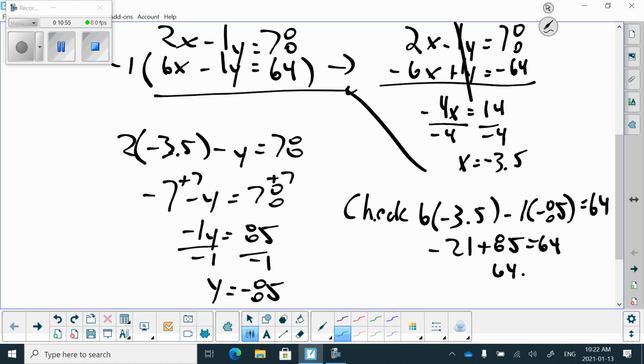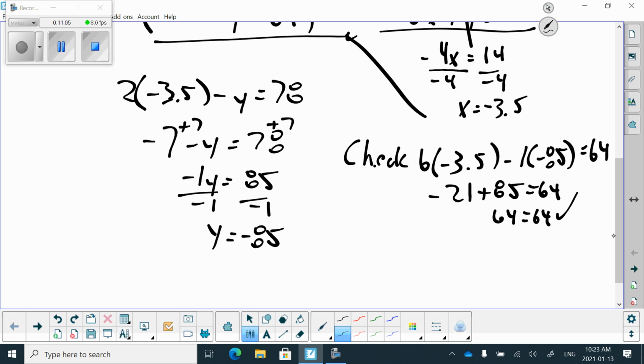Yep. Gotta like it when that happens. Good. What's left, Logan? It would be negative 3.5 and negative 85. There we go. That's exactly it. Good.